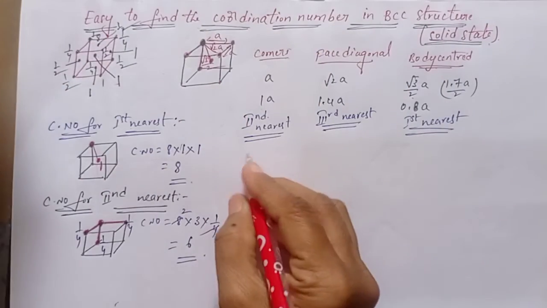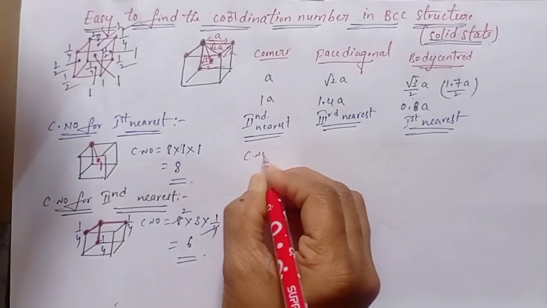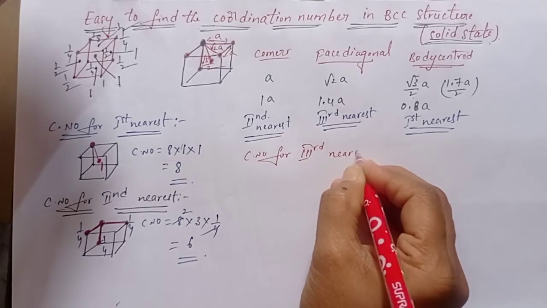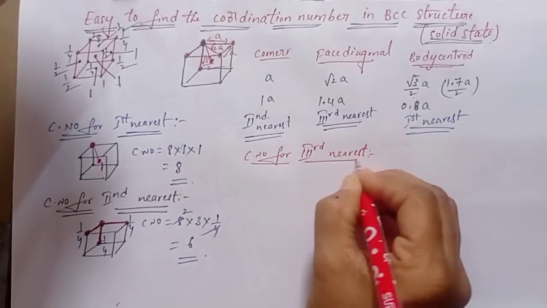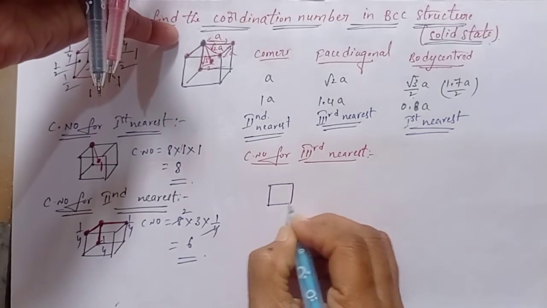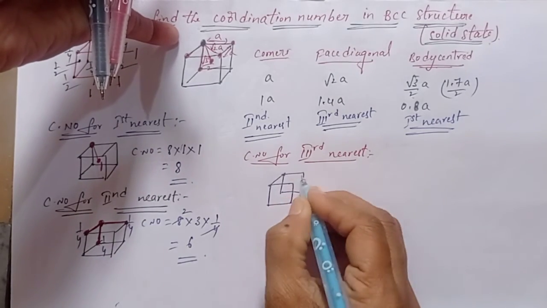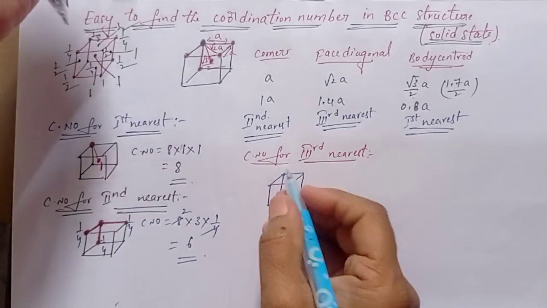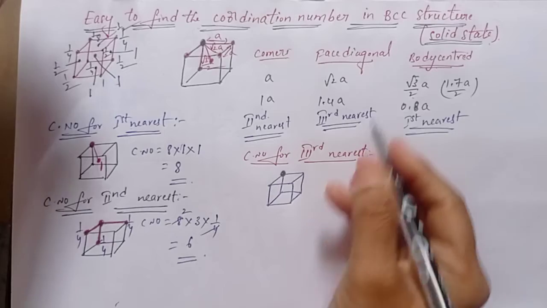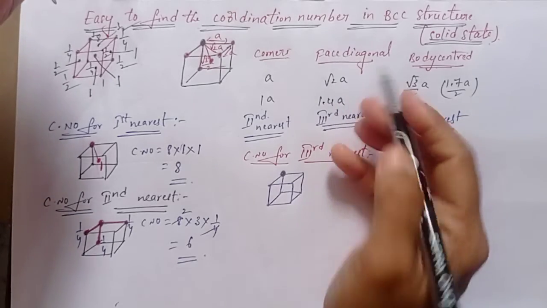Now I'm going to calculate the coordination number for the third nearest, students. I'm taking the cubic unit cell. This is the considered particle. The third nearest is the face diagonal particle.